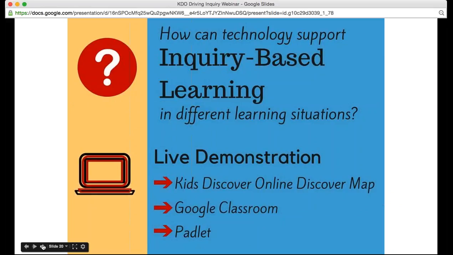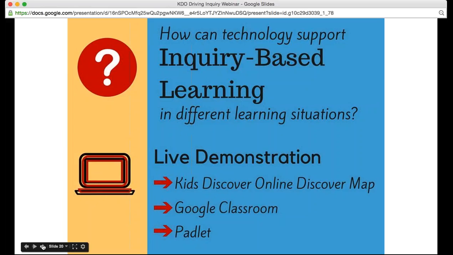So now that we've talked about what inquiry-based learning is, why it's important, how it benefits students, and specific strategies, I'd like to move into our live demonstration and continue on with technology-supported inquiry-based learning activities and ideas that can be used in different learning situations. So we're going to take a look at the Kids Discover Online Discover Map interface and access articles and units that the kids and the teacher can access on their devices.